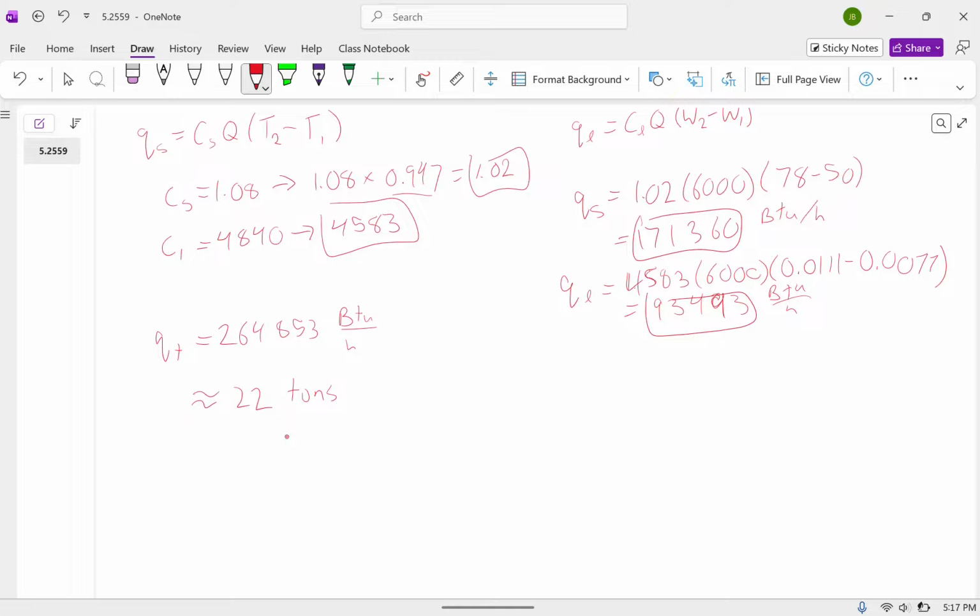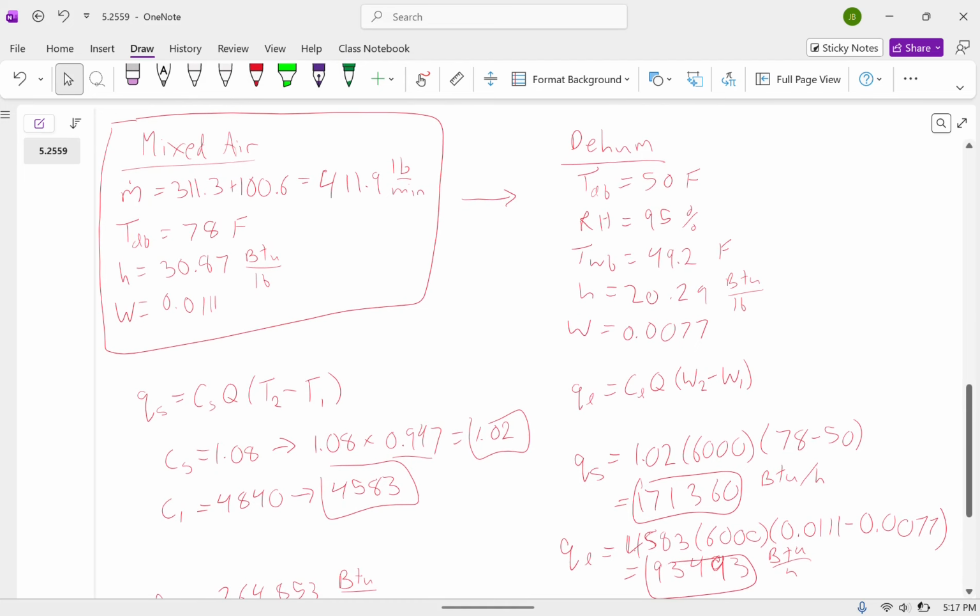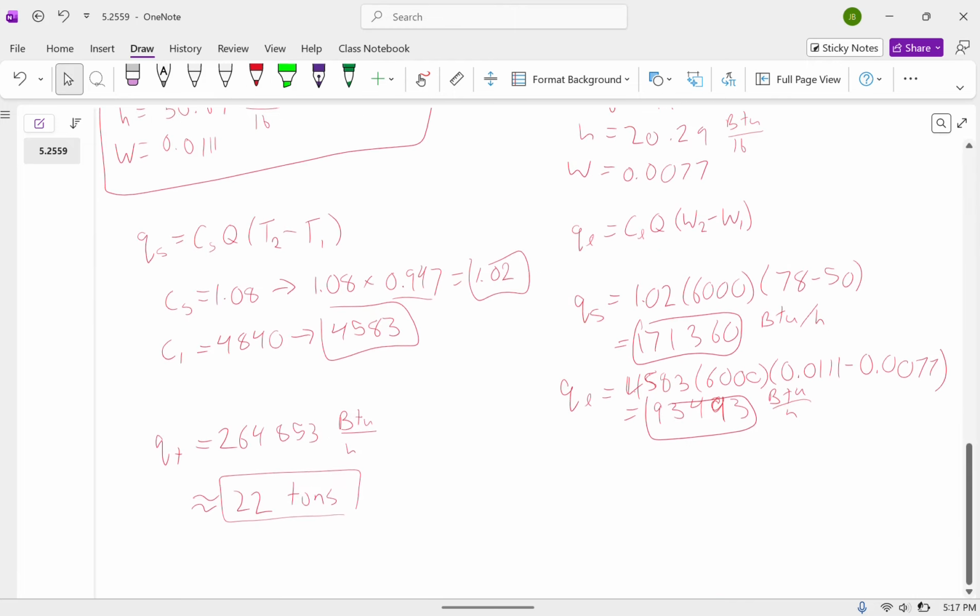So we now have a few pieces of information for our air handling unit. We know that we're doing 6,000 CFM of total supply air with 1,500 CFM of outdoor air. And we know our sensible and latent cooling requirements for dehumidifying the air to 50 degrees Fahrenheit. But we still need to reheat the air because we don't want to be supplying at 50 degrees Fahrenheit. So in this example, we'll be reheating it to a more reasonable temperature.